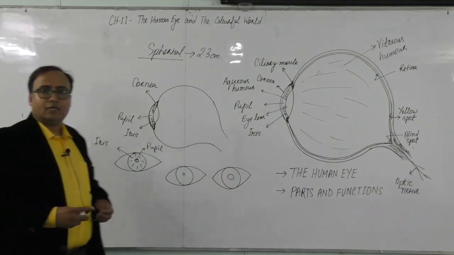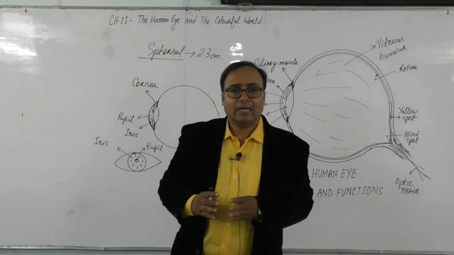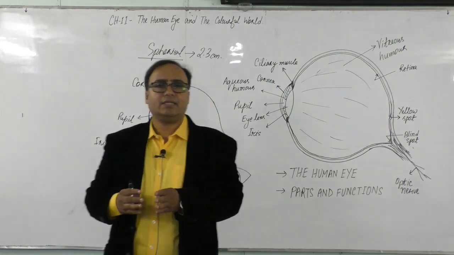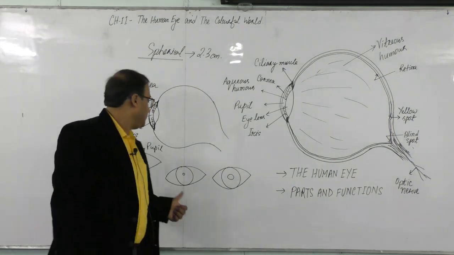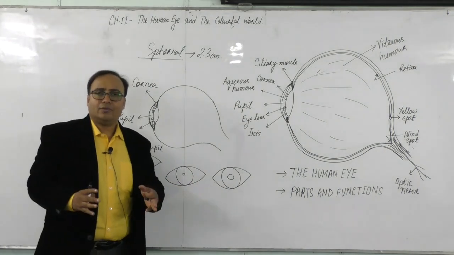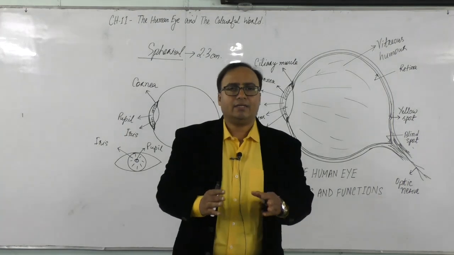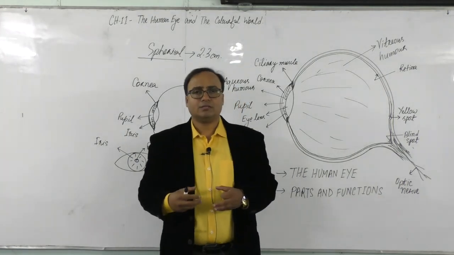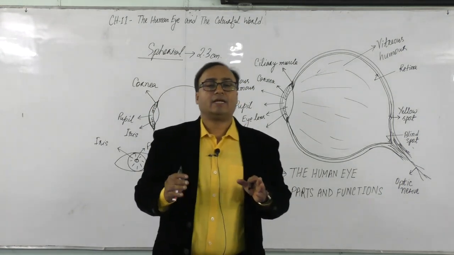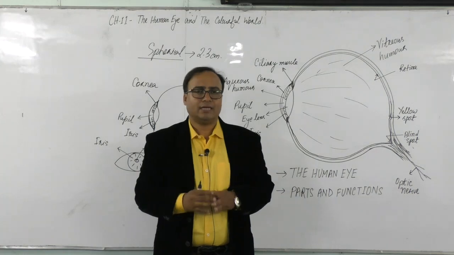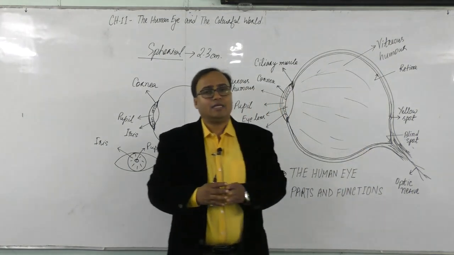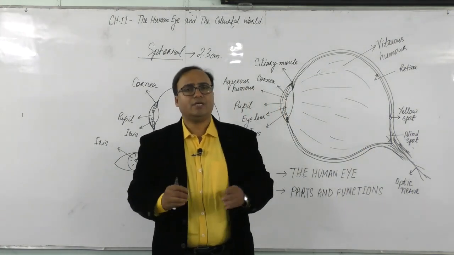So if asked what is the function of the iris? The iris controls and regulates the amount of light entering into the eye by adjusting the size of the pupil. By adjusting the size of the pupil, it allows the right amount of light to enter your eye. Because if excessive light enters your eyes, that may damage the retina of the eye. And the retina, you know, is the light sensitive screen inside the eye where real inverted images are formed.